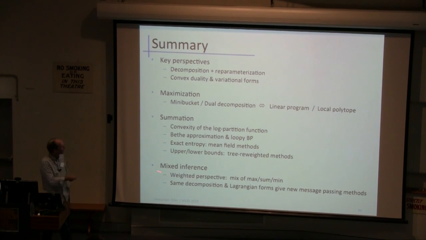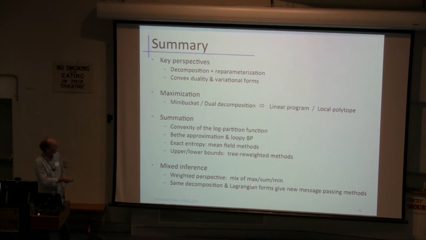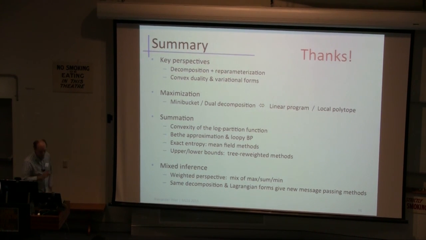Using a weighted perspective gives us the ability to include not just max or sum individually, but any combination of max and sum. This gives us a general system in which we can use the same ideas of decomposition and Lagrangians to do reparameterization and get new message passing methods for solving them. Thanks.